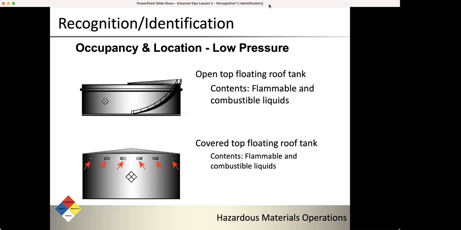Again, the internal roof floats on top of the liquid to reduce the vapor space. The vents allow the air between the floating roof and the cone top roof to equalize the pressure.